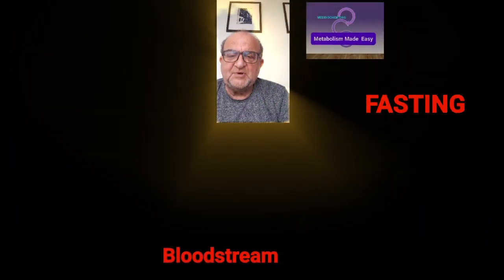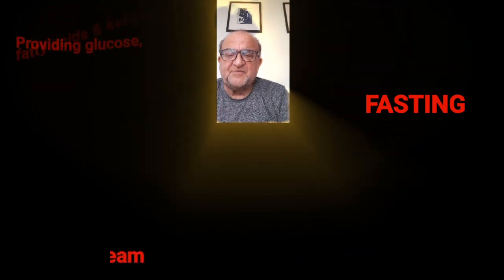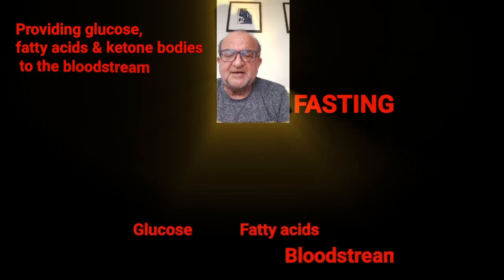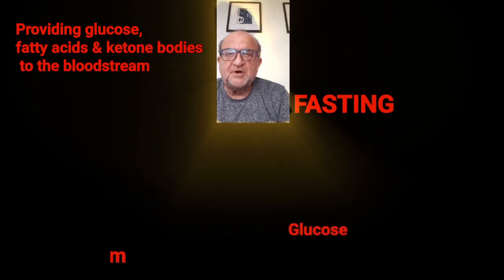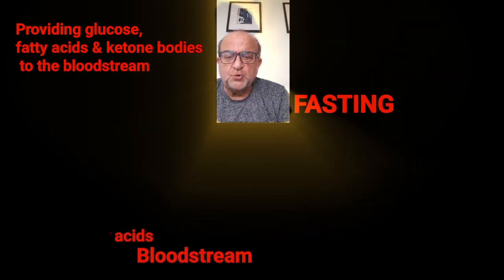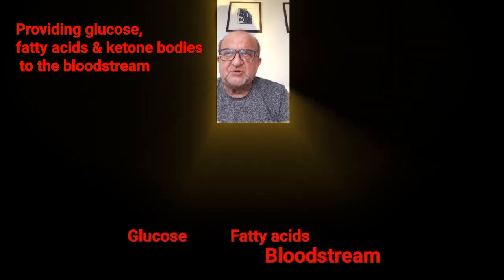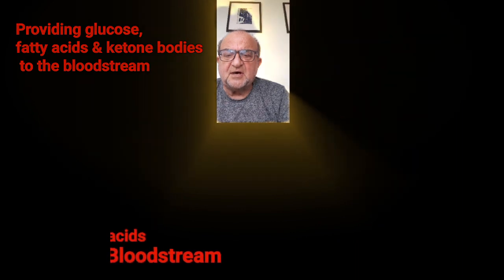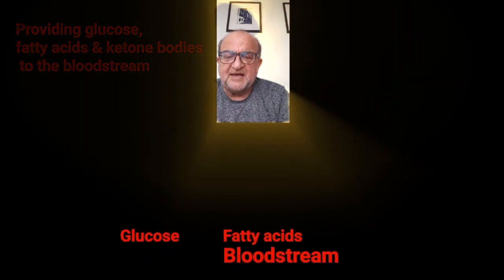What happens when we fast? The main function of the body organs is to mobilize energy resources for various tissues to use. The two important energy resources that are needed are glucose and fatty acids.